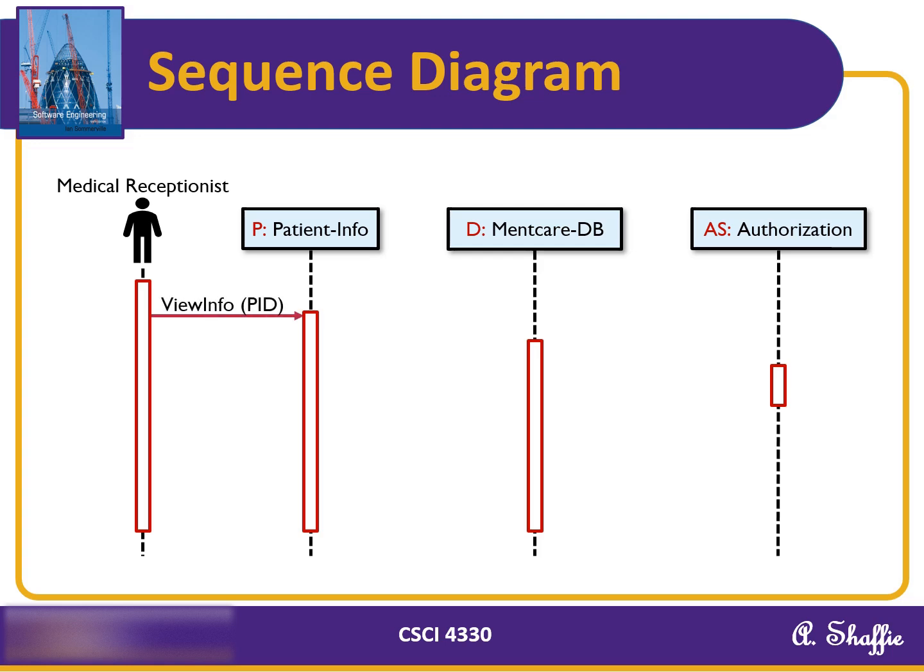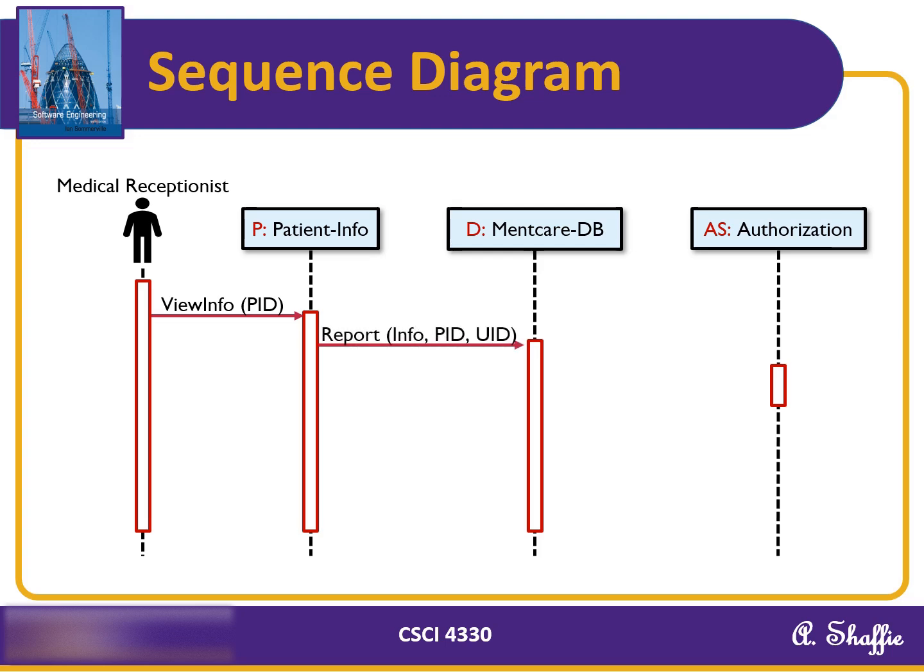We can see here that the medical receptionist initiates the retrieval of patient information by invoking the view information method in an instance P of the patient information object class. The patient's identifier PID is provided as a parameter to specify the requested information.